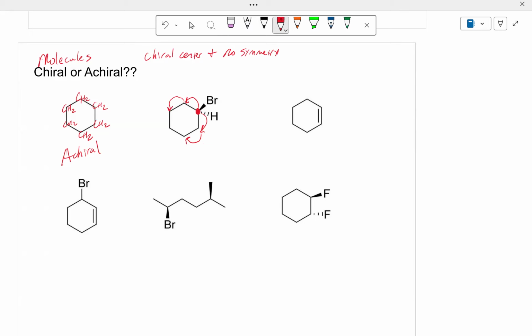Still no difference. If I keep going, I hit this point here, and the other direction hits the same exact point. Did I hit any point of difference along the way as I went around the ring in opposite directions? I did not. So even though I drew the bromine and the hydrogen with wedges, this is different, but all of this is the same. So I do not have four different groups around that carbon. No chiral centers means this whole compound is achiral.